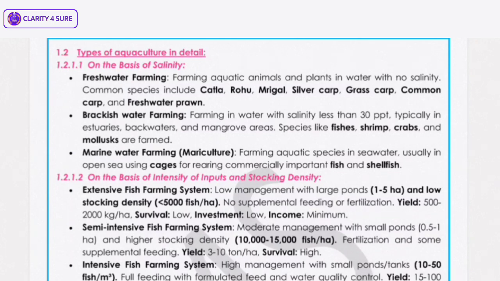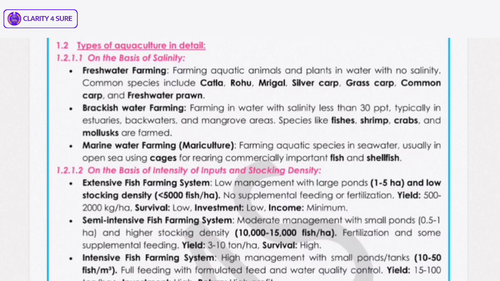Next is marine water farming, that is mariculture. It is the farming of fish in seawater, usually in coastal areas or open sea cages. So the common species that are grown here are fish, marine shrimp, shellfish, cobia, grouper, sea bass.